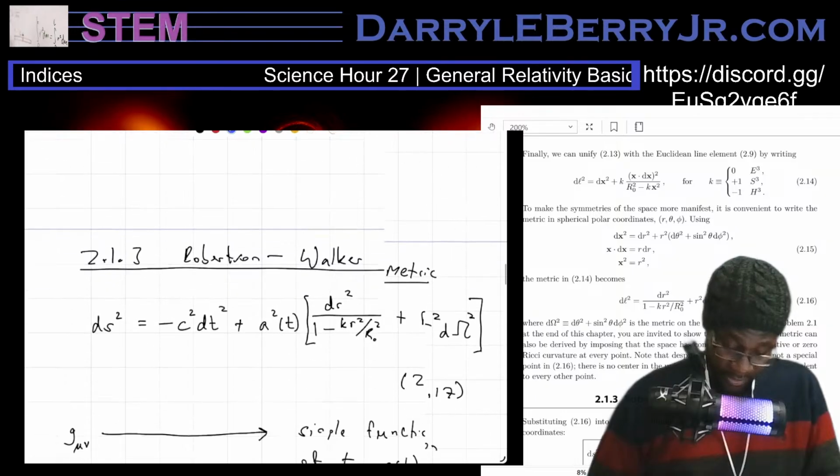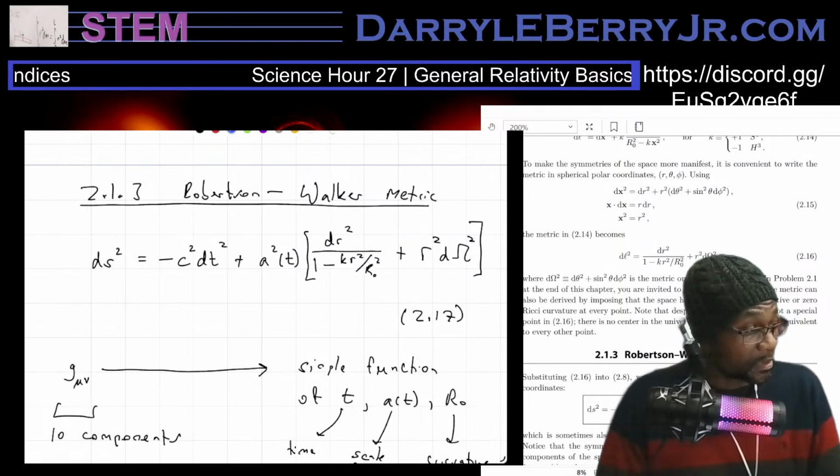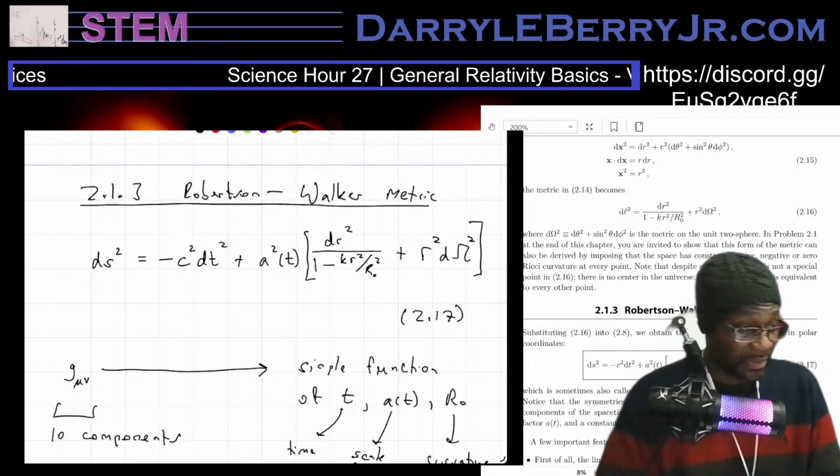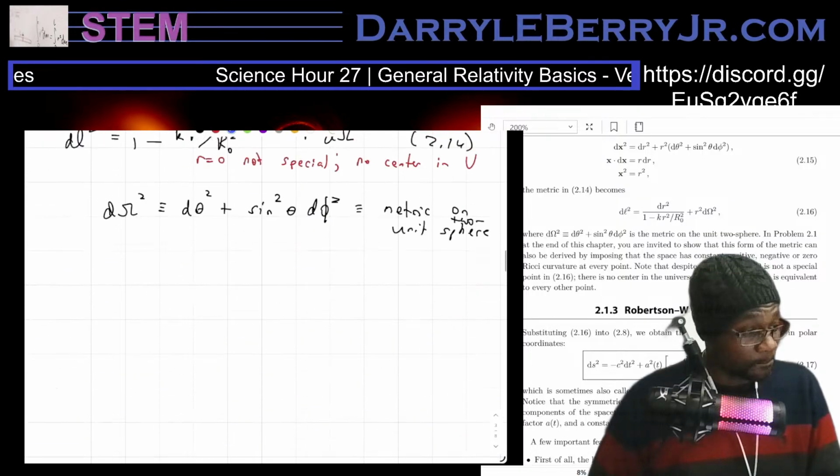And it talks about the Robertson-Walker metric. So substituting 2.16 into 2.8, we obtain the Robertson-Walker metric.